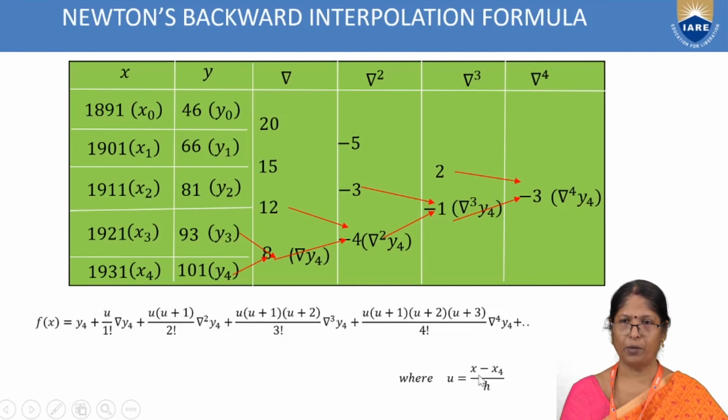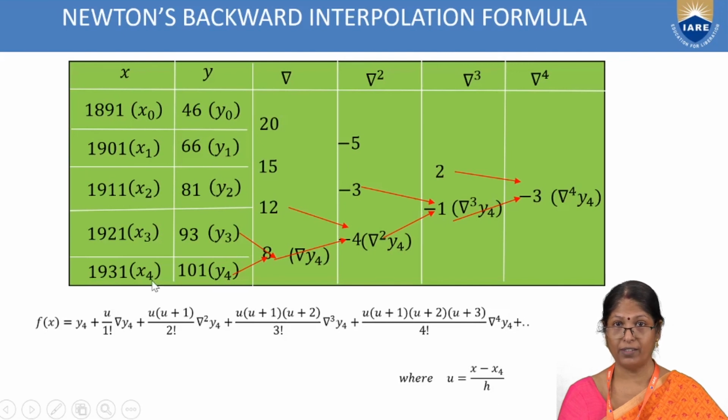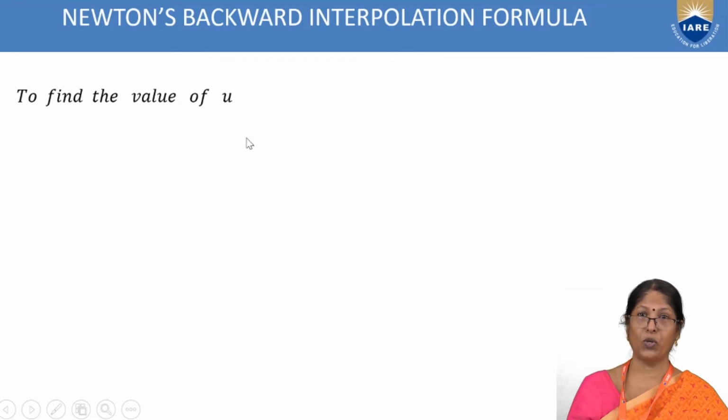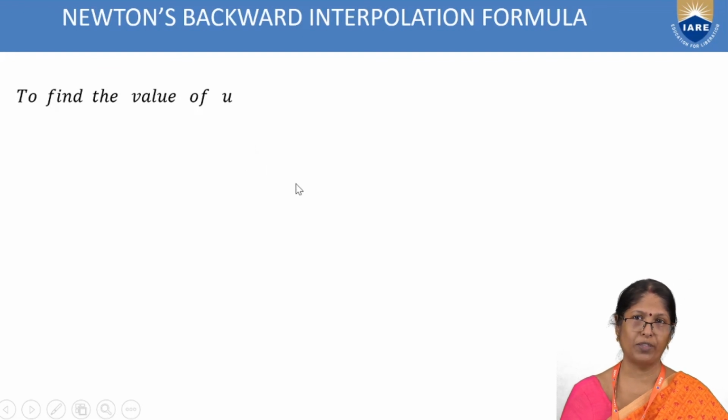So u is nothing but, according to the formula, x minus xn by h. But our xn is x4. So u is x minus x4 by h. We have to find the value of u, because we know everything else to substitute in the formula.